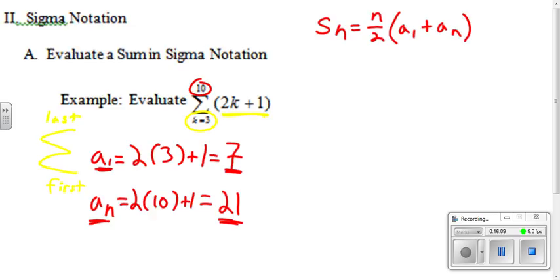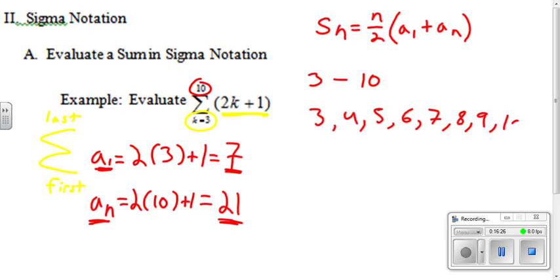Now we don't necessarily know yet how many numbers we have. We need that n, but we know that we start with 3 and we go all the way until 10. Well, how many numbers are there? That's 3, 4, 5, 6, 7, 8, 9, 10, in which case 3 is our first number, 2, 3, 4, 5, 6, 7, 8.